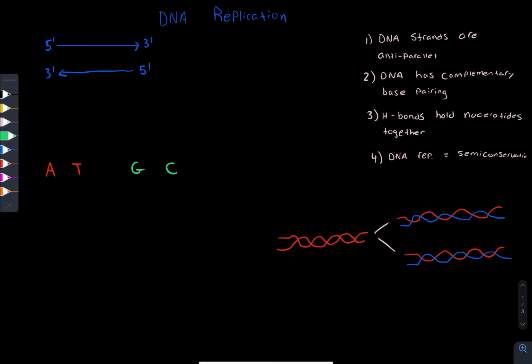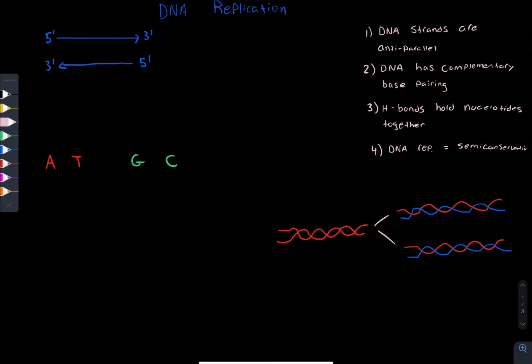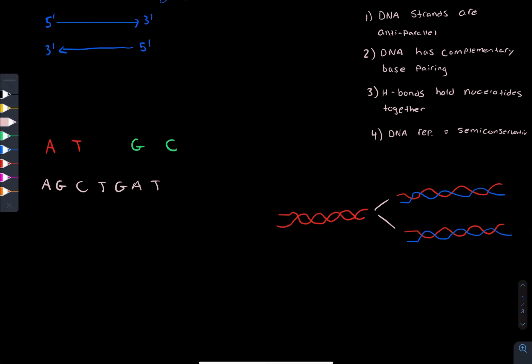So what this means is if you have a DNA strand and it is, let's say, adenine, guanine, cytosine, thymine, guanine, adenine, thymine. Because they're complementary, adenine is going to have to pair up with the thymine, and guanine is going to have to pair up with the cytosine.